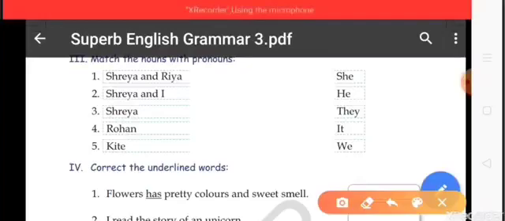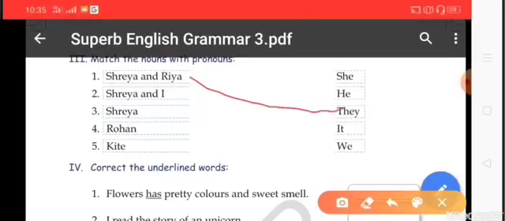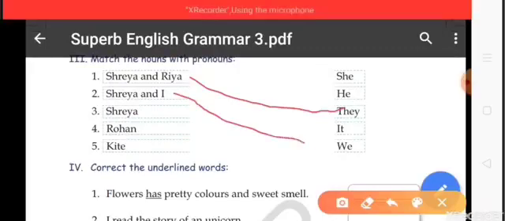Shreya and Riya, this is plural, so we are going to match it with they. Shreya and I, so it is we. Shreya, because it is a female, or you can say a girl, is going to match with she.